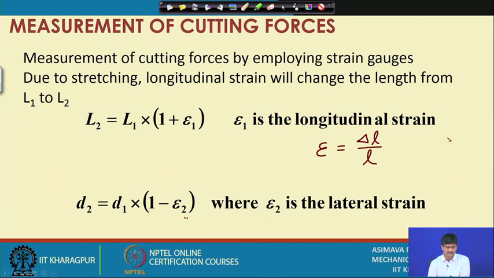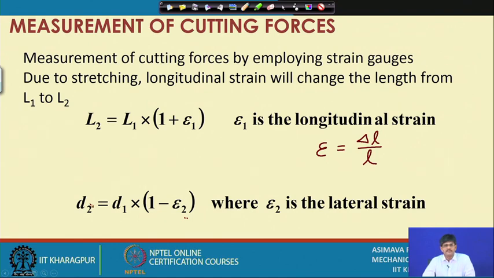If we assume that the cross section of those strain gauge wires is circular, in that case that will undergo generally a compression, but this compression is definitely not going to follow constancy of volume.